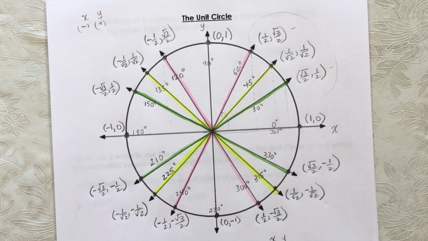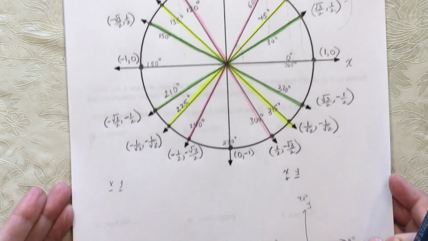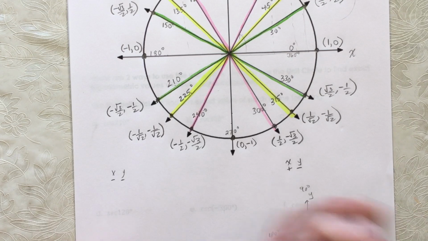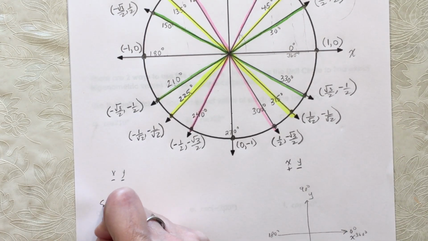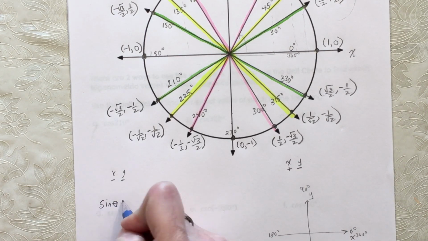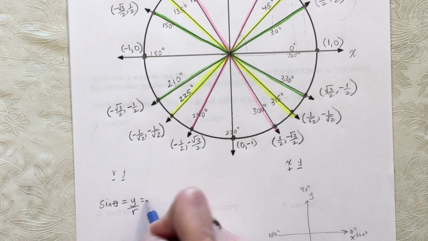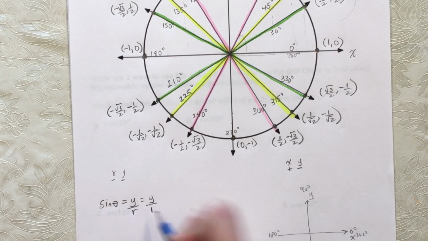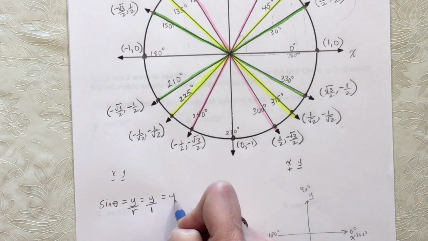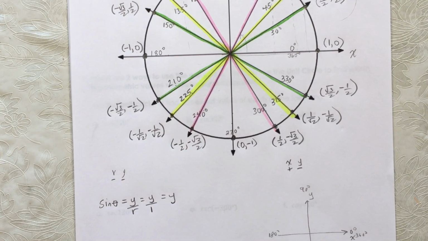So why is that important? Let's go through that a little bit now so we can still write this on our unit circle here. We know that the sine of an angle from our angles and quadrants is the y value over the r value. But in the unit circle, the r value is always 1. So on the unit circle, the sine of an angle is just its y value.